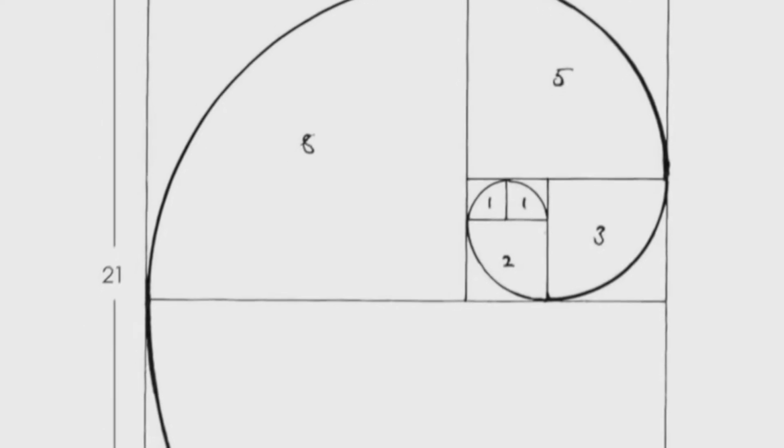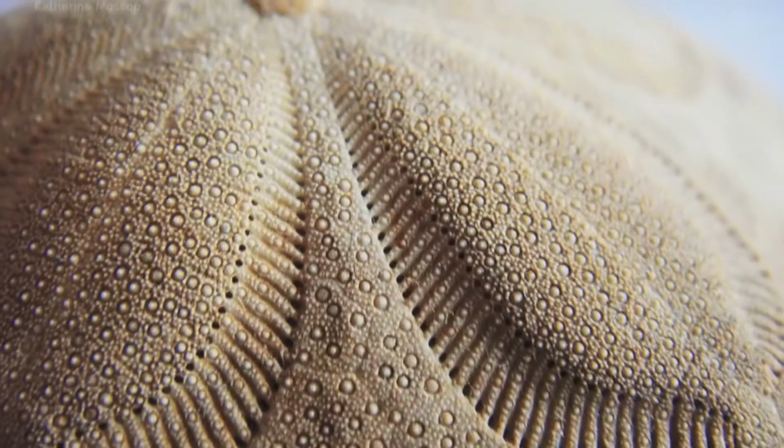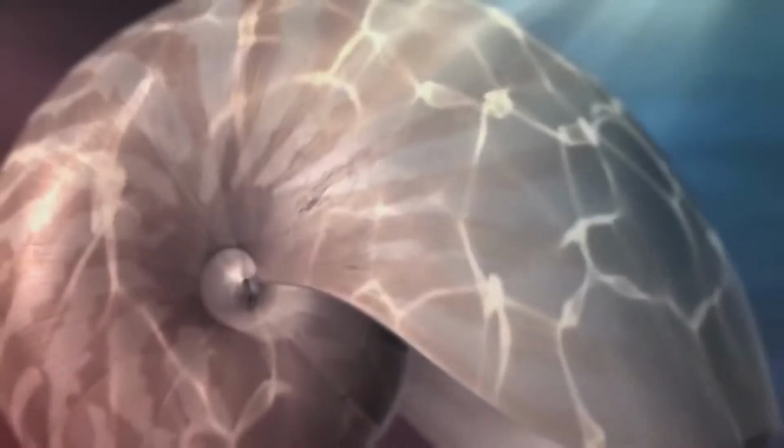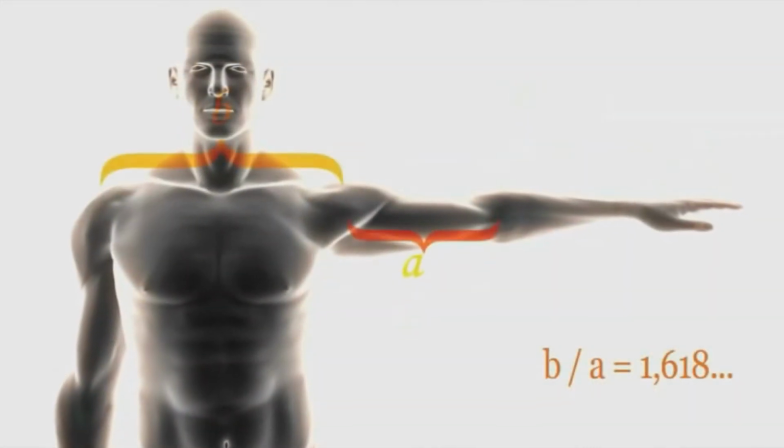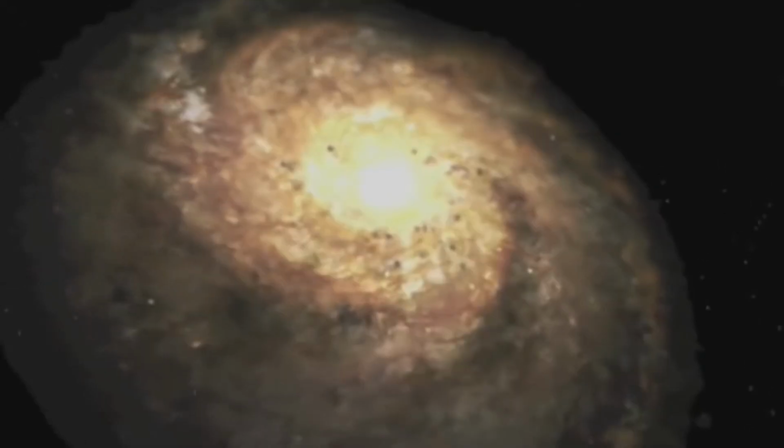The human body follows a golden ratio, which is correlated to the Fibonacci sequence. Galaxies are made out of it. Everything like that, right? And if you even look here, we'll see Donald Trump's haircut, his entire forehead and everything. It follows the Fibonacci sequence.